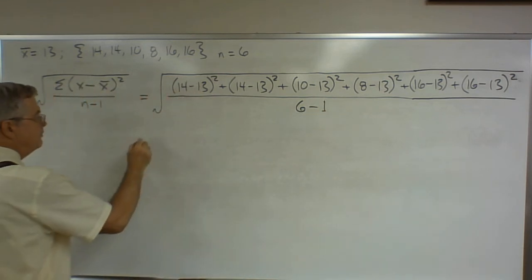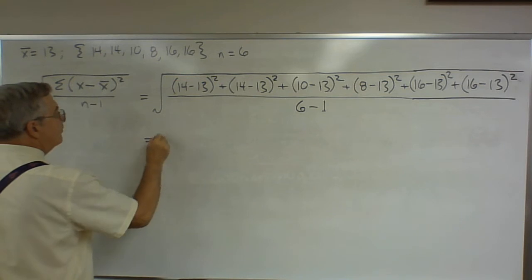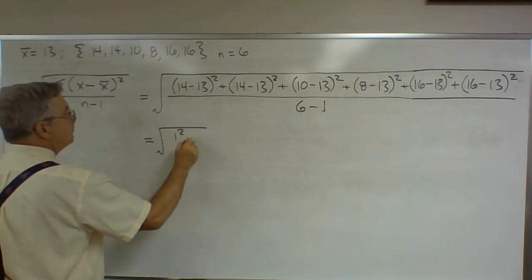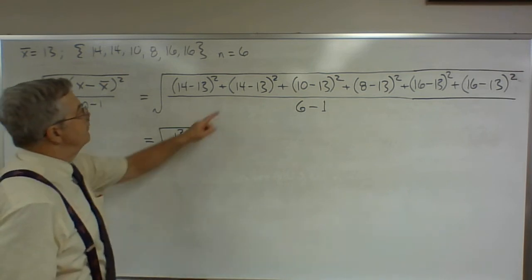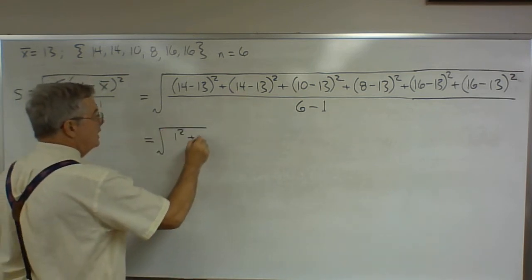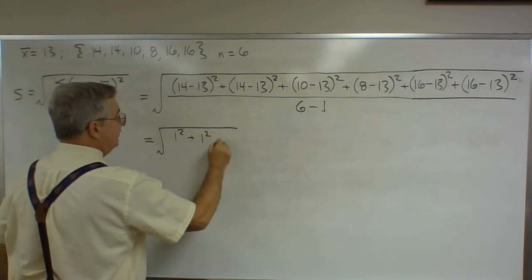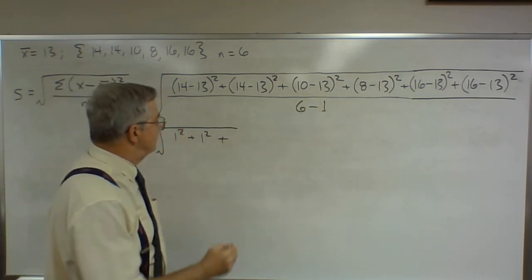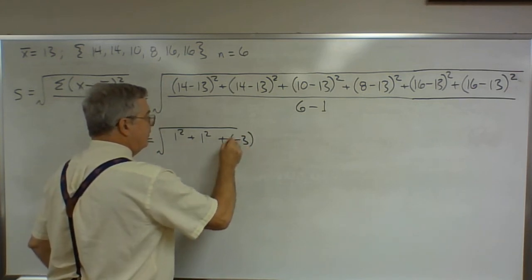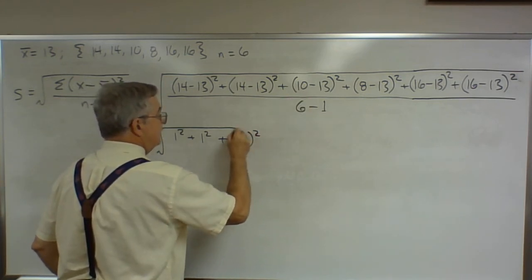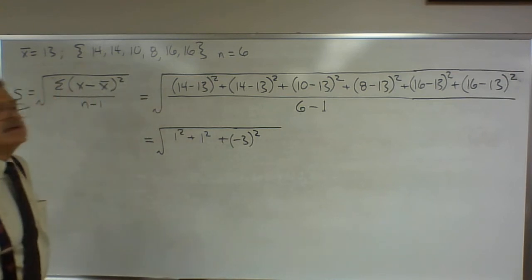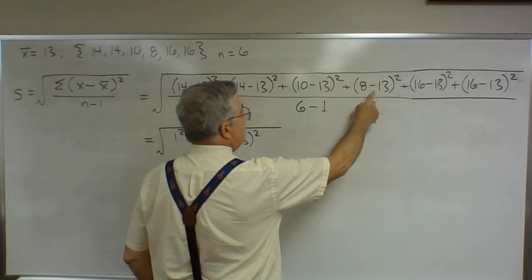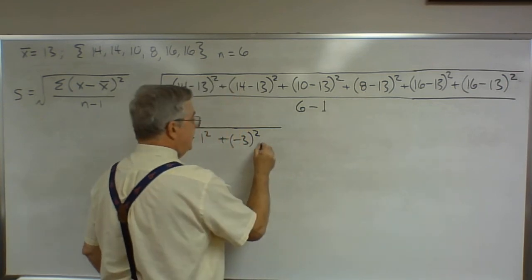Holy moly! 14 minus 13 is 1. 14 minus 13 is 1 again. 10 minus 13 is negative 3. And we square it. Then we do 8 minus 13, that's negative 5.